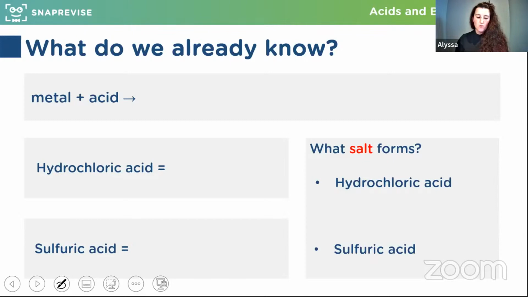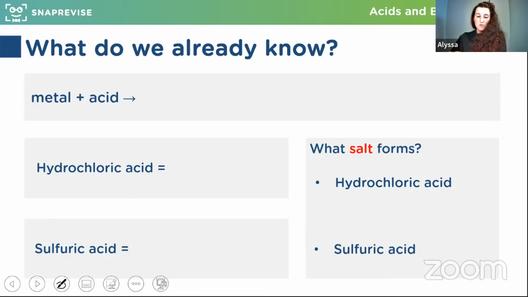Does anybody know, what do we make when you mix a metal and an acid? When a metal and an acid react together, what is formed? Metal plus acid makes, anybody know? If I were to drip a little bit of acid on a piece of metal, oh, we've got all of the bits we need, but not possibly in the right order.